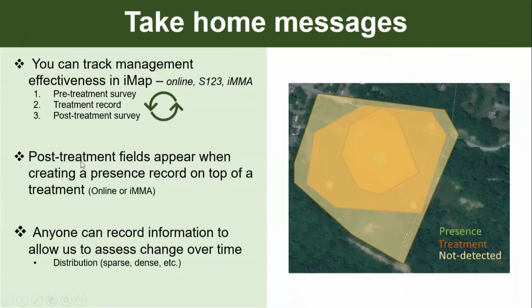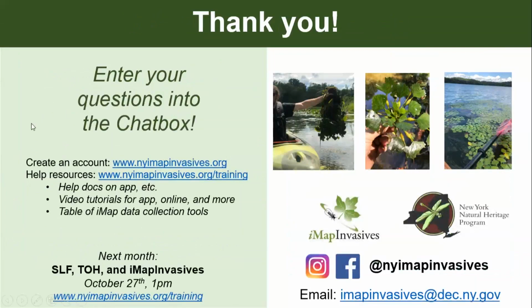There are special post-treatment fields that appear when creating a presence record on top of a treatment record. And our last take-home message is that anyone can record information to allow us to assess change over time. Even if you're not doing treatments, there's some information on infestations that you can enter for us. And with that, we can switch over to questions.